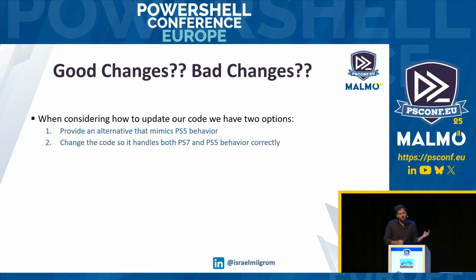So one option that you might be tempted to do, and it is okay to do that sometimes, is creating a wrapper function that will mimic the PowerShell 5 behavior. Essentially, let's say the Out-File encoding was defaulting to Unicode in PowerShell 5, and then that changed to UTF-8 in PowerShell 7.